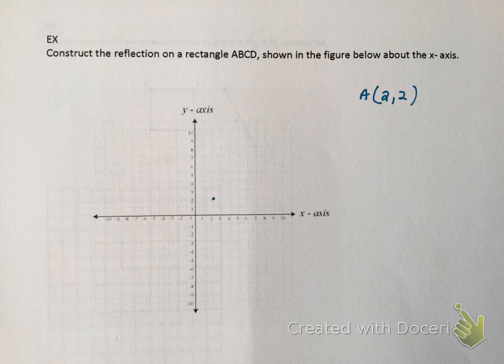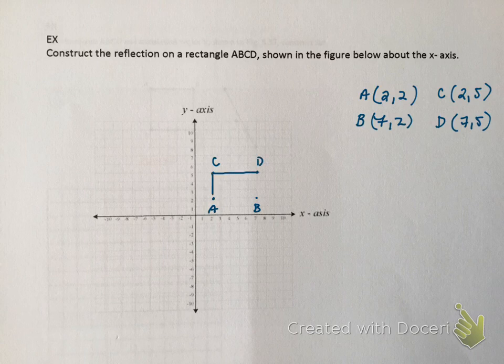The second coordinate point is 7, 2, and this will be point B. Point C will be 2, 5, and point D will be 7, 5. Let me label C and D, and then all you have to do is draw in the figure. So here is my rectangle ABCD.